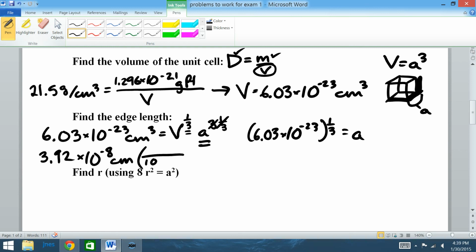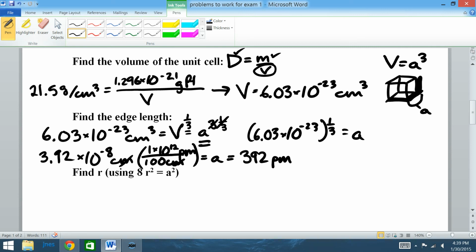I'm going to put 100 centimeters in the bottom and 1 times 10 to the positive 12th picometers in the top, leaving centimeters to cancel out. So 3.92 times 10 to the minus 8th, multiply by 1 times 10 to the 12th, and divide by 100 gives us our value of edge length, or A, in terms of picometers, as 392 picometers.